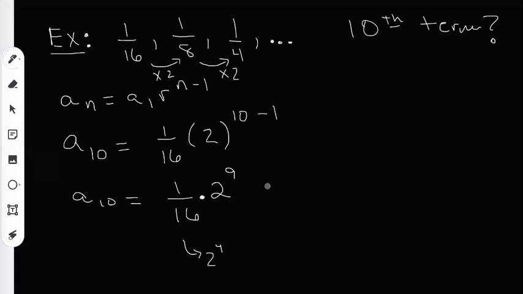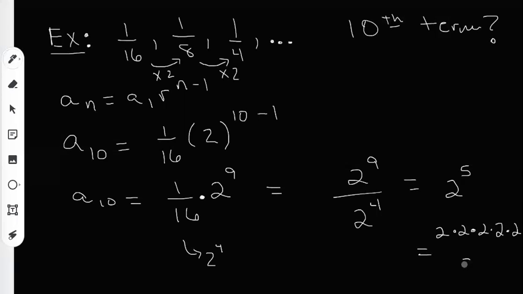So I'm going to have 2 to the 9th on the top and 2 to the 4th on the bottom. And if I write it this way, you can easily see how the exponents are going to subtract to give me 5. And I know that 2 to the 5th power is a little bit easier to figure out. That's 2 times 2 times 2 times 2 times 2, which is 32.